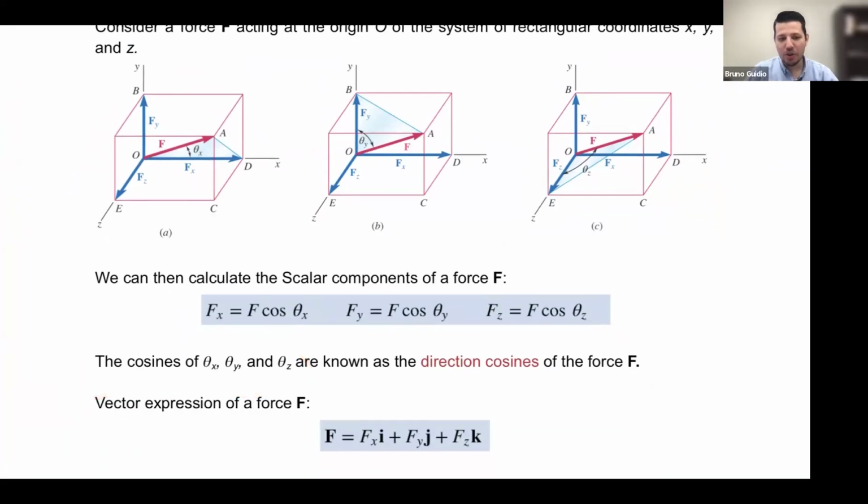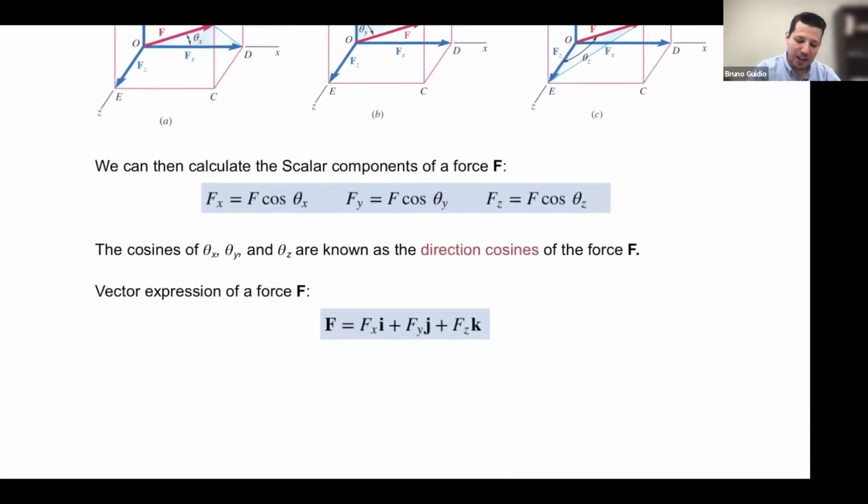Those cosines are known as direction cosines, because they give the direction of the vector. If you have the angle that goes from x to the vector, then we can find the direction of that vector F.